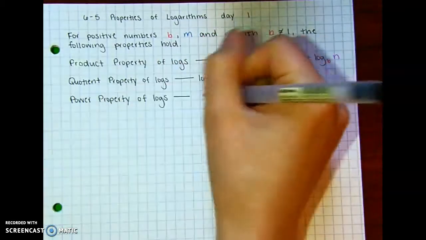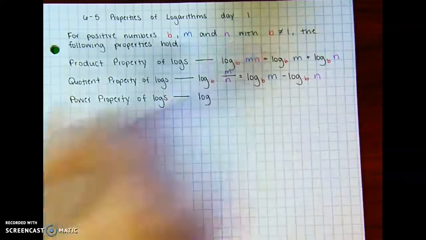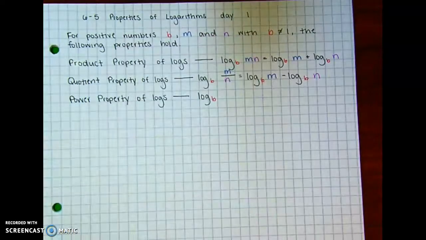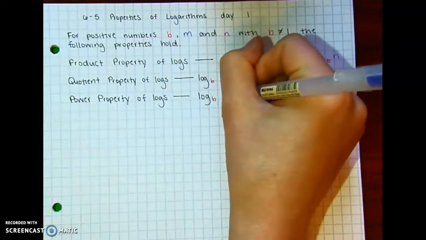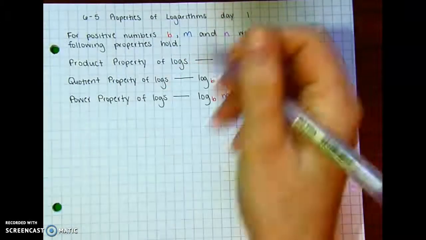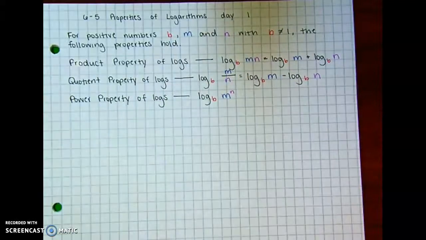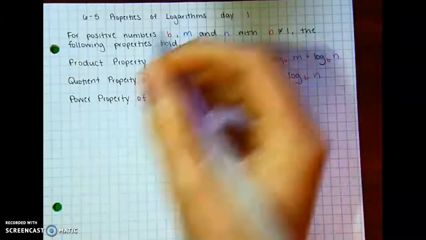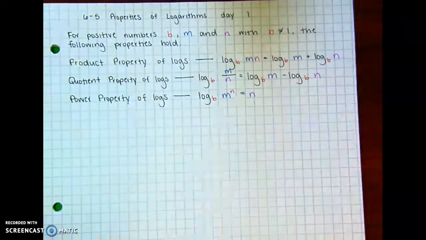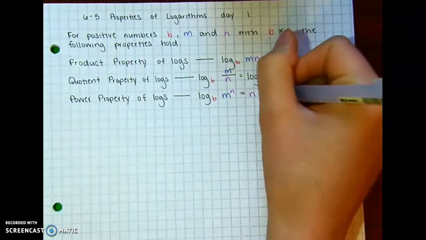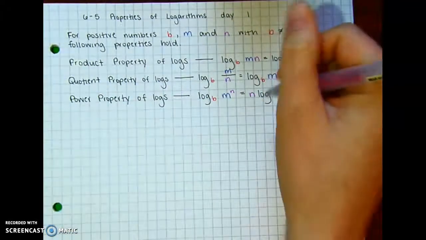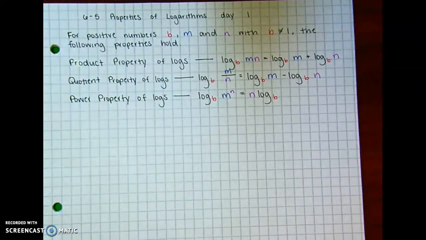So if you have log base b of m to the power of n, it is equivalent to n times log base b of m.